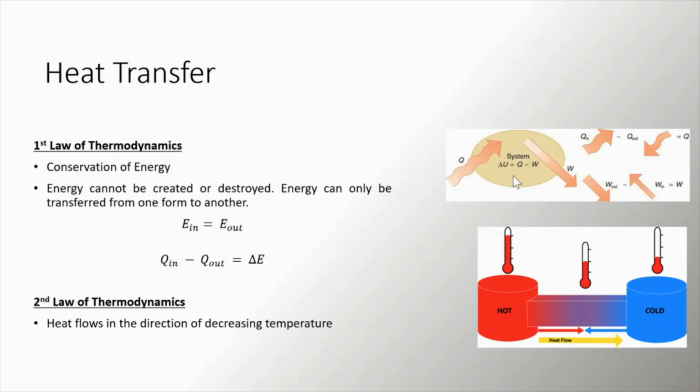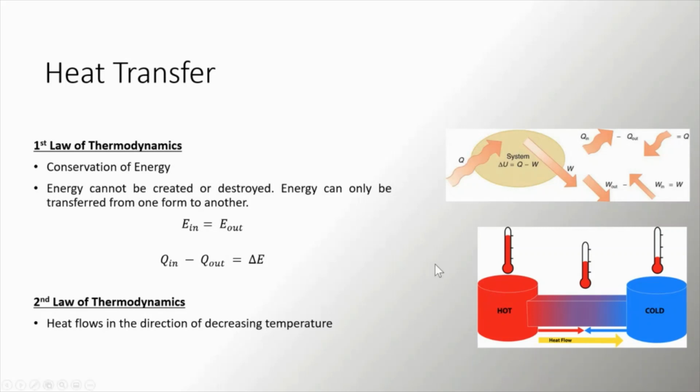However, it doesn't tell you what direction the energy, what direction the heat is going to go. Meaning, if you have a gas balloon in here and you put it in a very hot environment, is the heat going to come from outside to the gas balloon or from the gas balloon to the outside? So that's when the second law of thermodynamics comes into action.